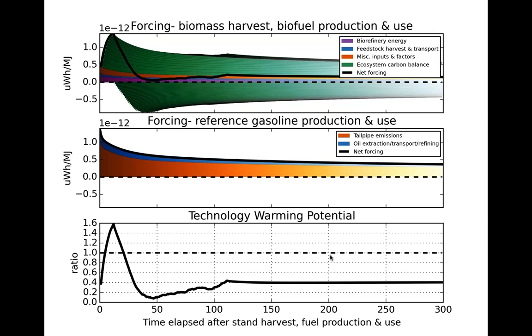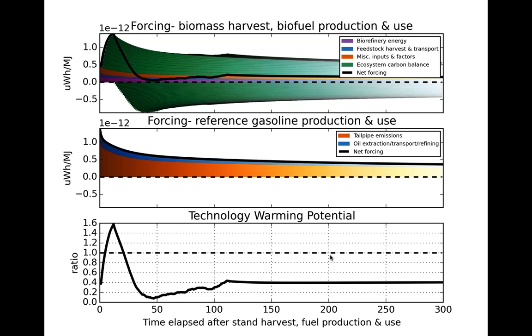And so what we can see when we put all these different processes together and look at how things change over time is that there's a period of maybe 15 or 20 years where the forest hasn't quite regrown. In terms of the amount of CO2 that's in the atmosphere, you're actually slightly worse having done the biofuels in the short term.